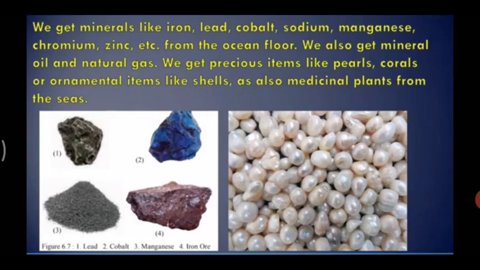It's not only salt, fishes, shells that we get from the ocean, we also get different minerals. We also get mineral oil and natural gas. Then we also get precious items like pearls, corals, or ornamental items like shells and also medicinal plants from the seas. So we get so many things from the oceans.